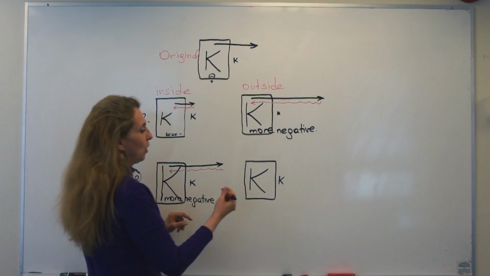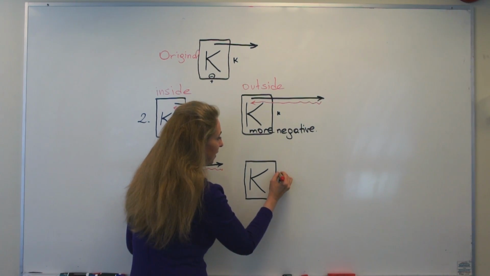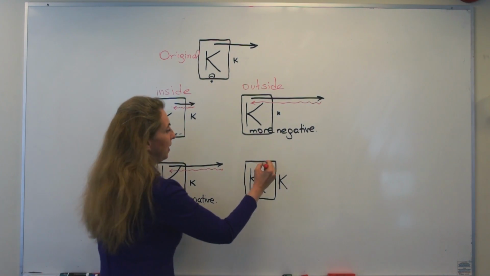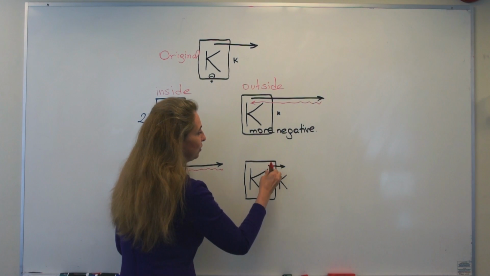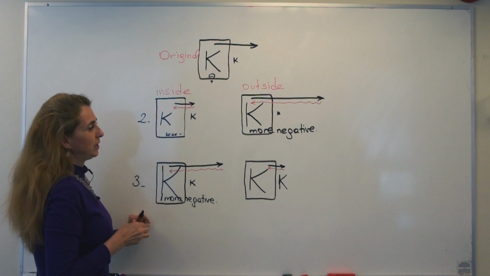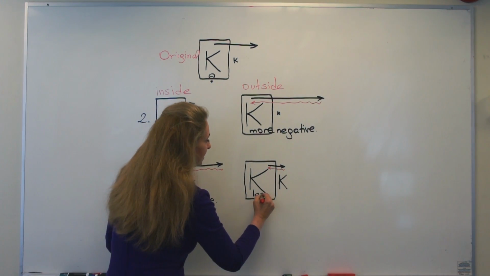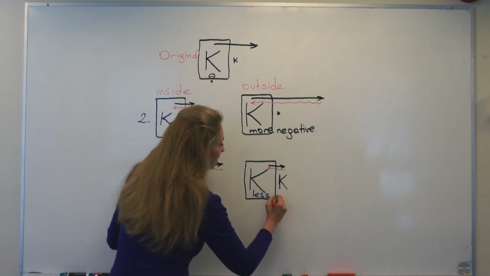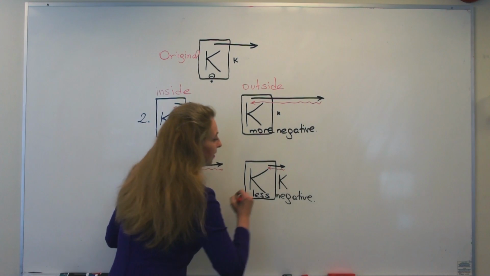While playing with the outside concentration, if we increase the outside potassium concentration, then the Nernst potential and the concentration difference, both of them are going to be smaller. And in this case, we say that the Nernst potential for potassium becomes less negative.